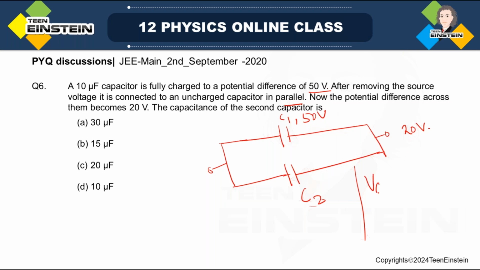The common potential V common, we know, is C1 V1 plus C2 V2 divided by C1 plus C2.